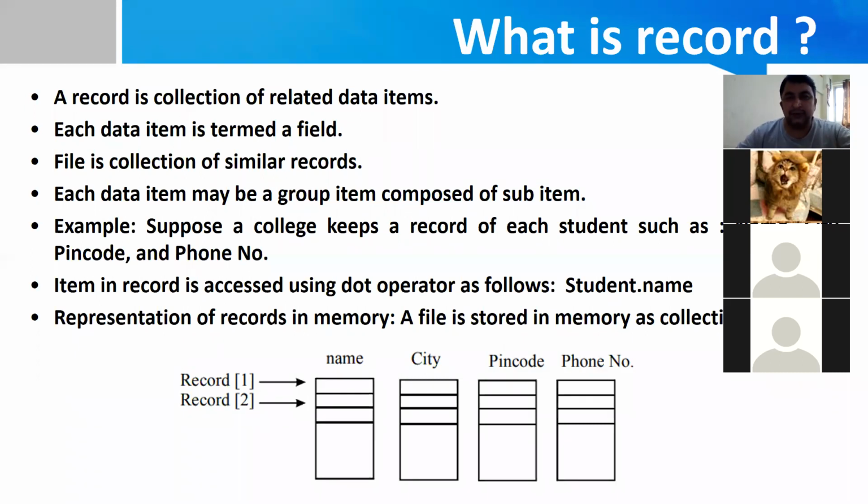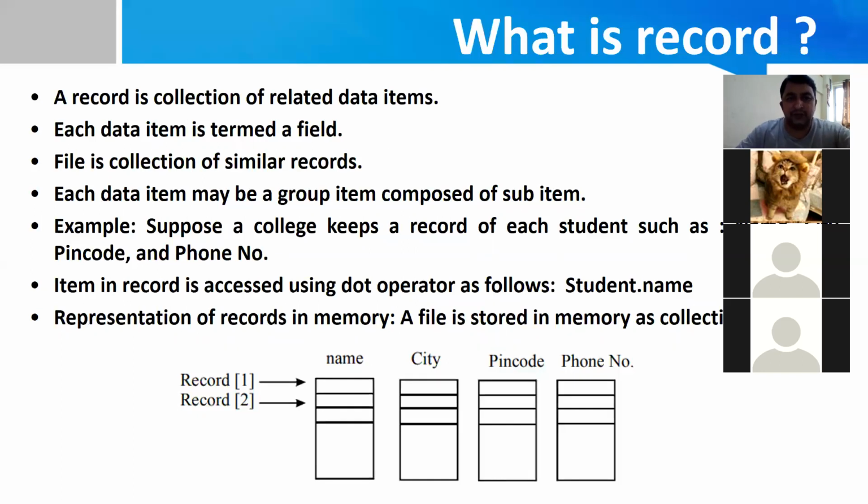As I told you in initial lectures, field is the basic entity, and the next level is said to be a record, that is a collection of fields, and the next level is said to be a file, that is a collection of records. Fine. So this is how the level of hierarchy has been maintained, and each data item can be divided. It can be a group or a sub item also.